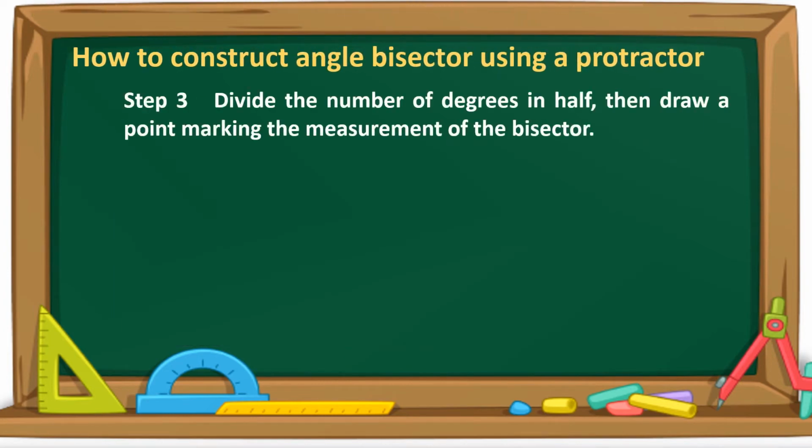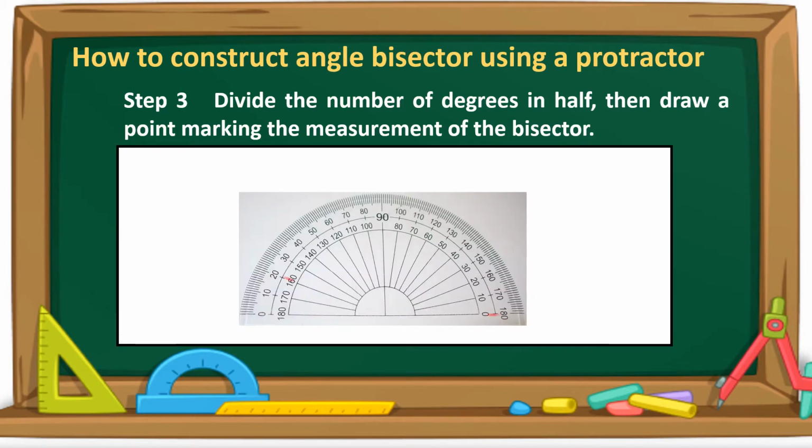Step 3. Divide the number of degrees in half. Then draw a point marking the measurement of the bisector. So 160 degrees divided by 2 equals 80 degrees. So let's mark on the 80 degrees part.